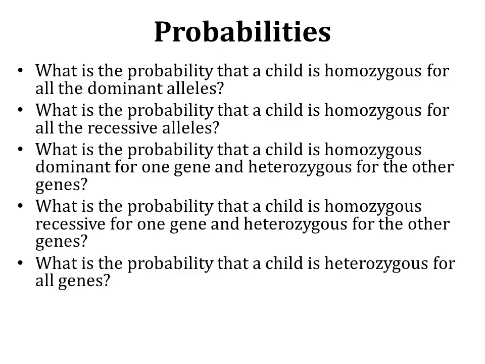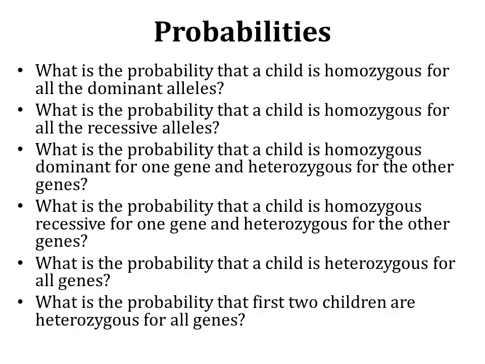The fifth question is, what is the probability that a child is heterozygous for all genes? And the last question is, what is the probability that the first 2 children are heterozygous for all genes? So these are the questions that you have, and you have the outcomes of that cross as well. You have to answer these yourself. This is the exercise that you have to completely do on your own, right?